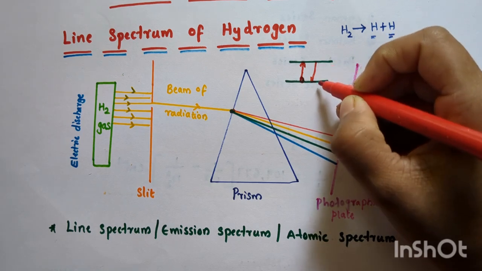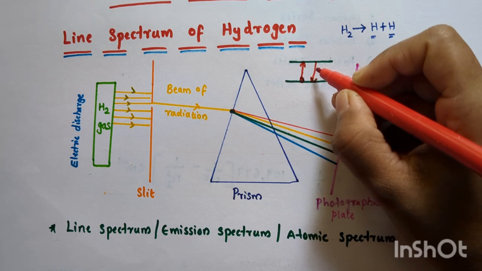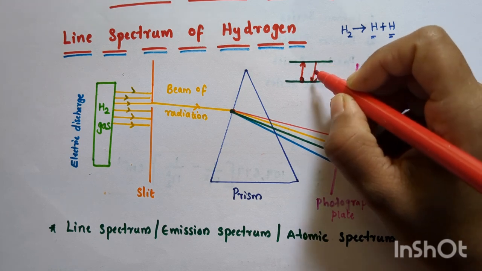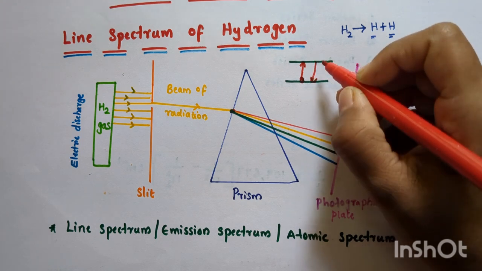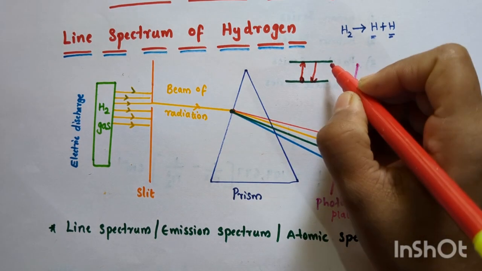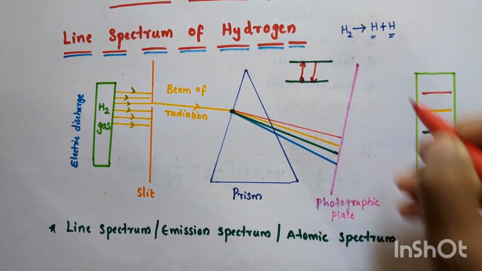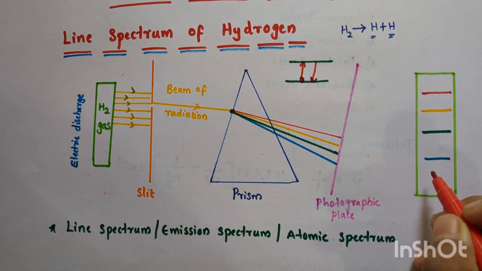When they come back to their lower energy levels, different electrons take different paths for their return. Different paths are associated with different energies, which results in different spectral lines.